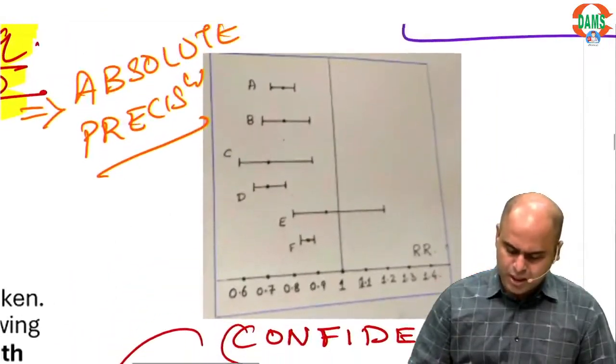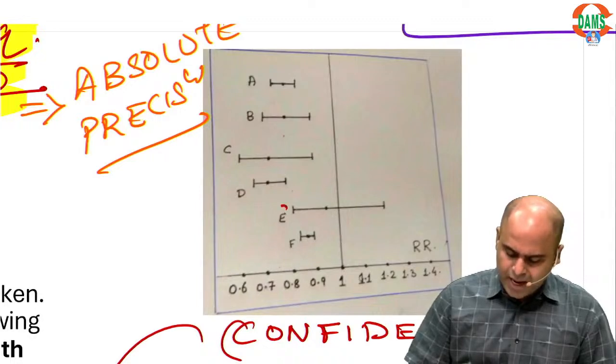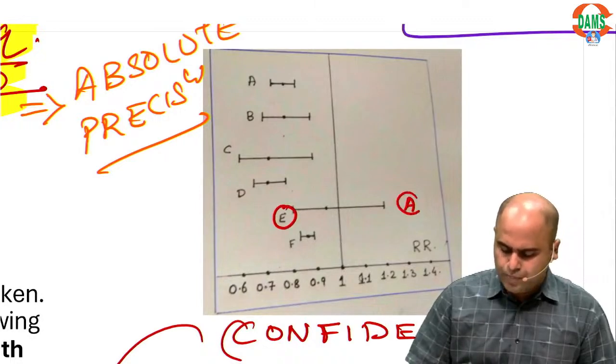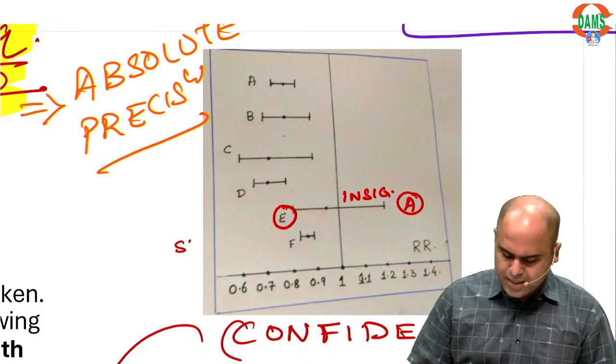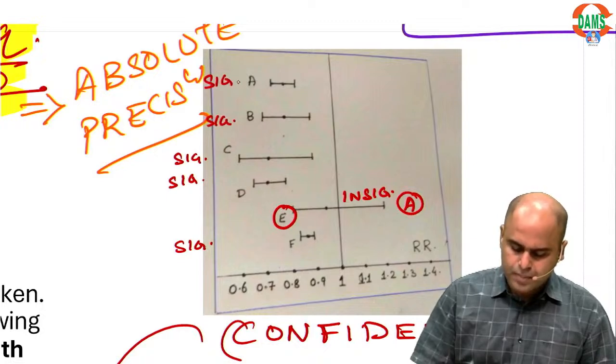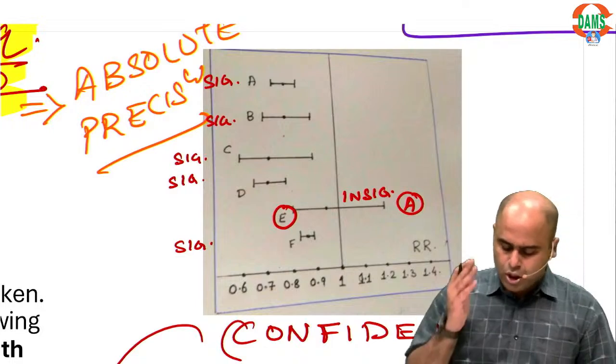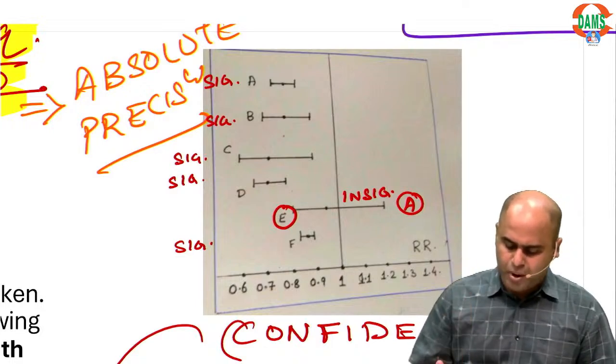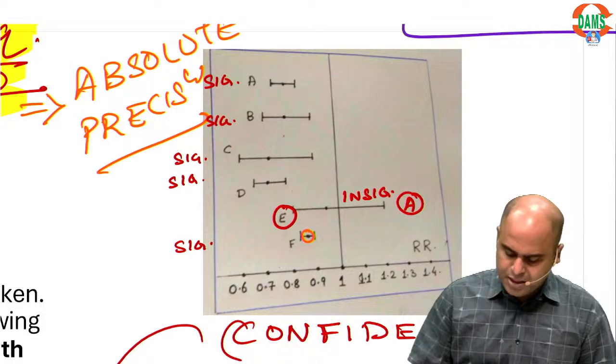In this question, if you see rule A, touching the null value, so this study is insignificant, whereas rest all were significant. Now, second, look into the distance of point estimate. What is point estimate? This dot.